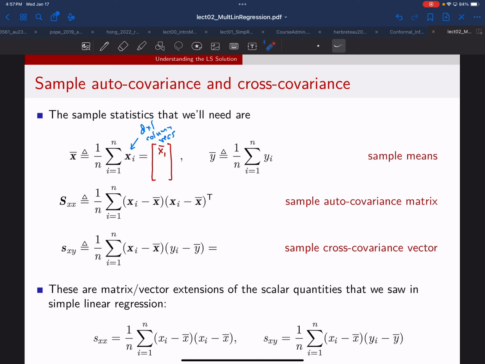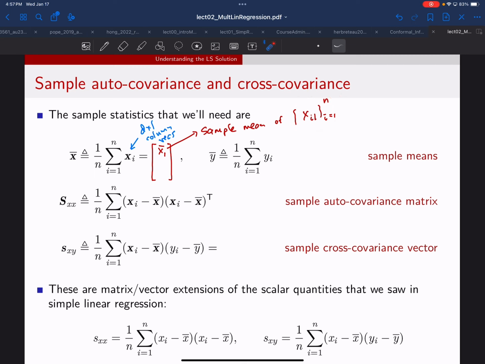This is in fact the sample mean of the data x i1, where i ranges from 1 through n. So this is all the examples of the first feature from our data set.